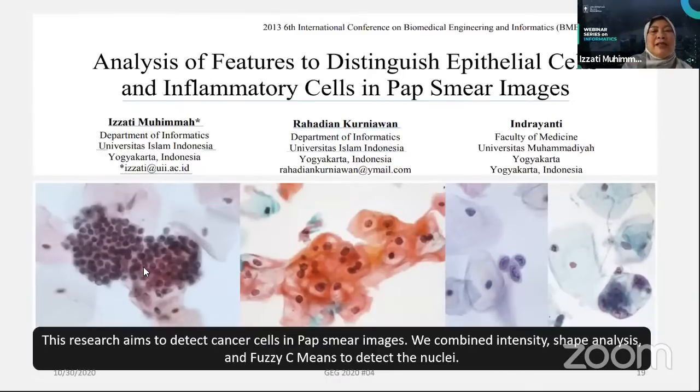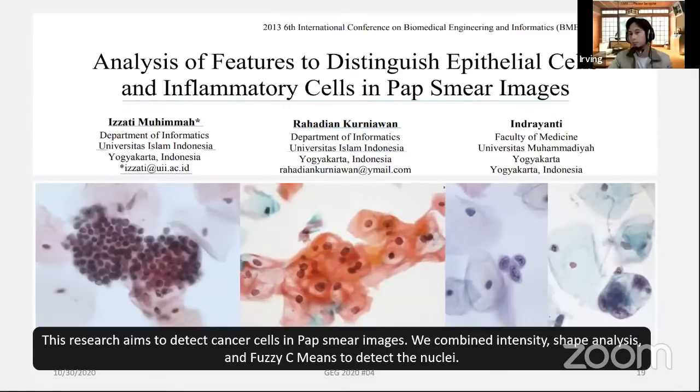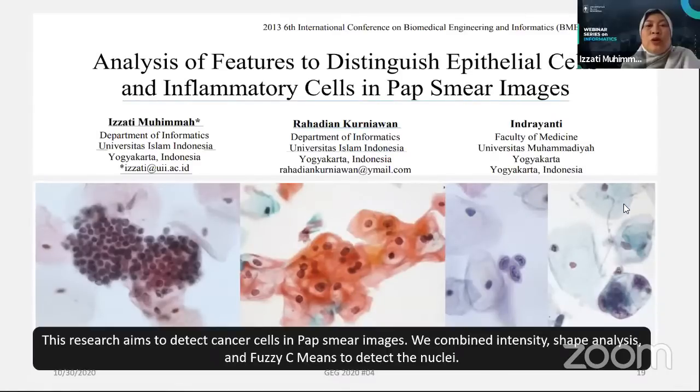They are from liquid-based preparation, which is not used in clinical practice in Indonesia. But we learn from this database of pap smear images, and from that we want to model a computer-based system to know the cells, so that we can count how many cells there are. Okay, that's the first idea.